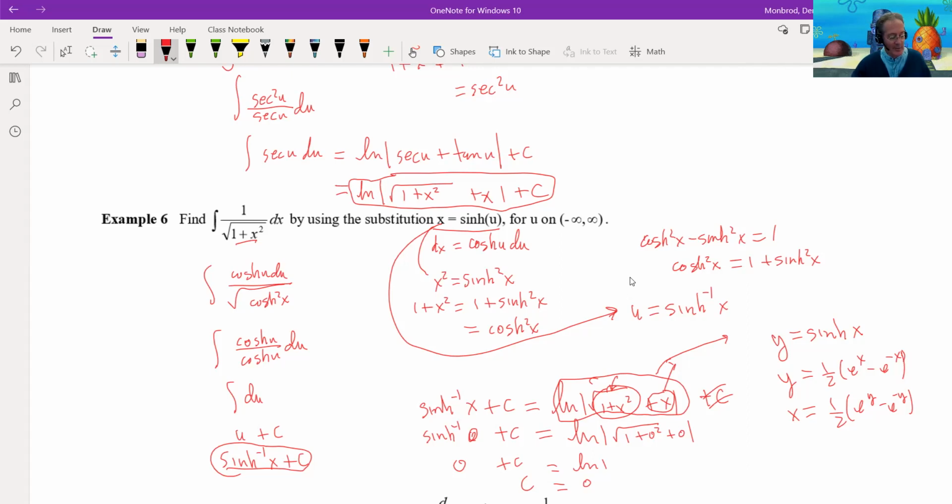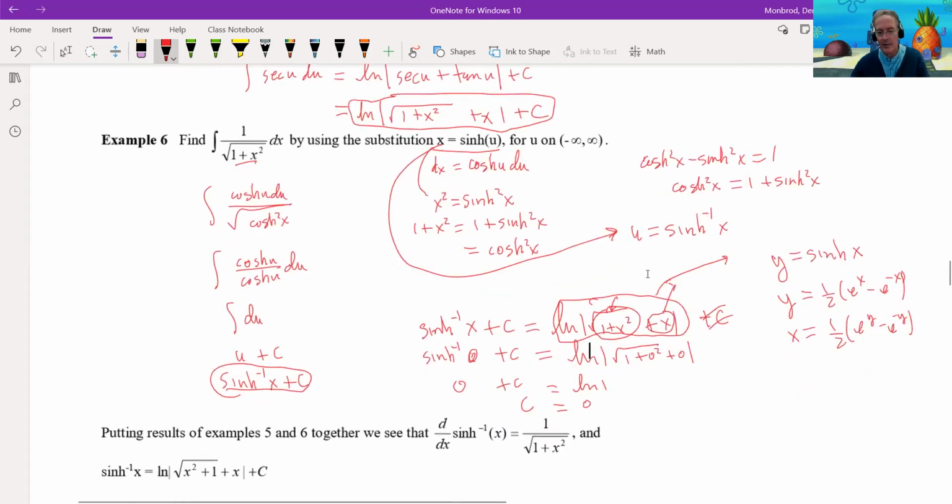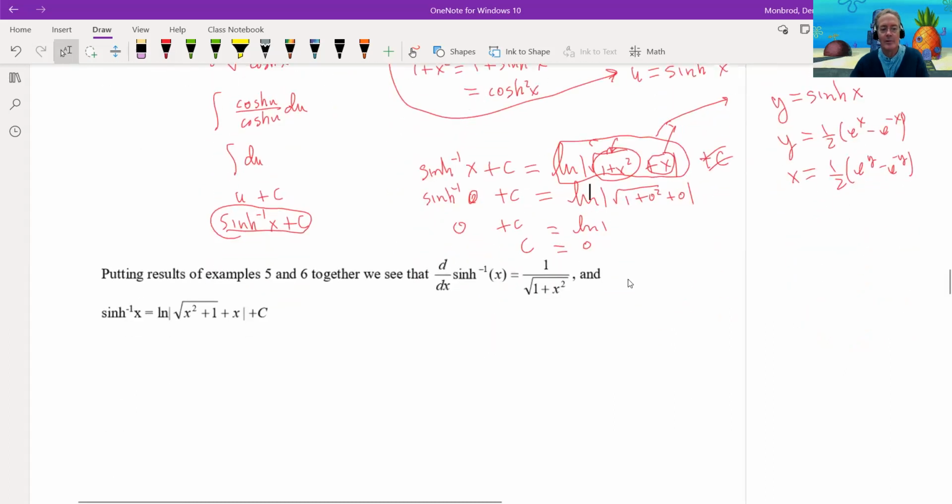So for that reason, when you get to the list in the textbook, you're going to see those bars removed. I've got them listed here, and of course we determined already that C is 0. But you'll see this in your listings.